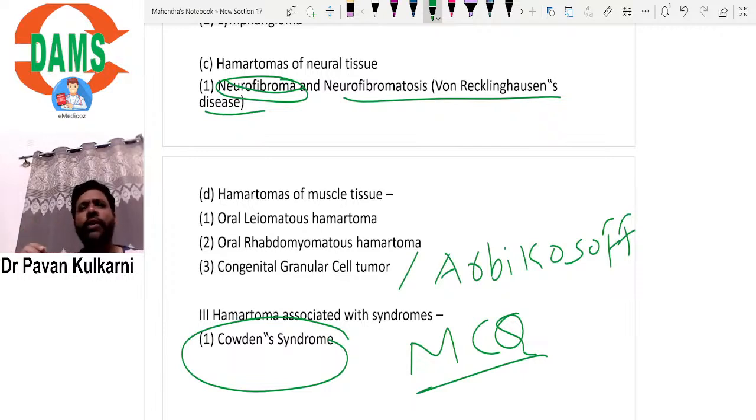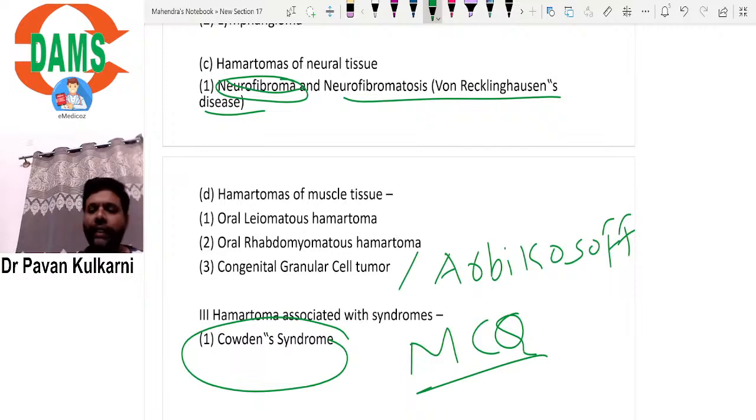Usually we see multiple papillomas, also called papillomatosis. However, these patients will also have multiple hamartomatous lesions.